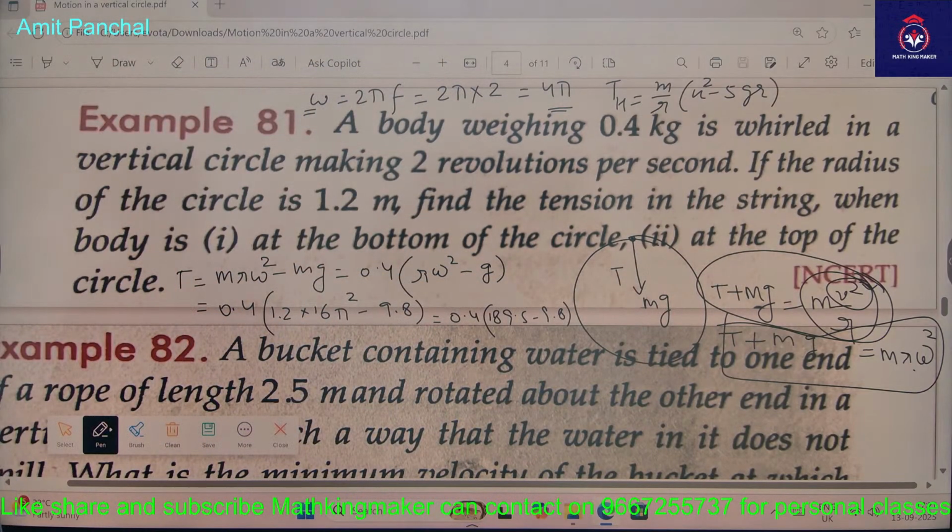Can we do it with this formula? What is the value of u? 15. Then what is the value of v? Why would we find the value of v? Is it given that it is starting its motion with u? No. But initial velocity is u, right?